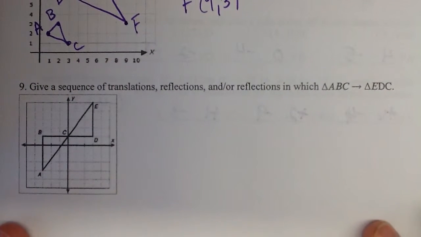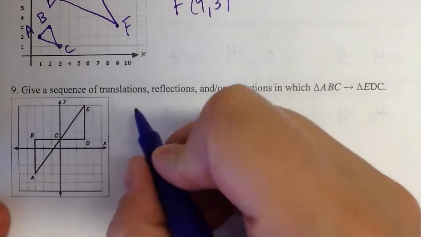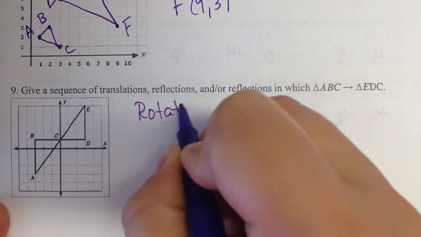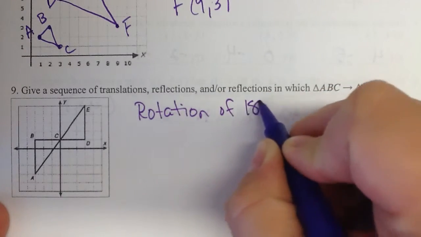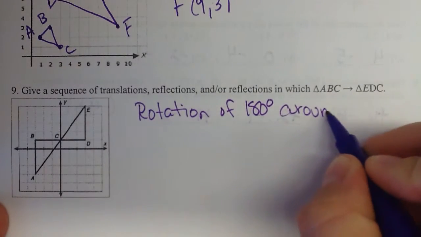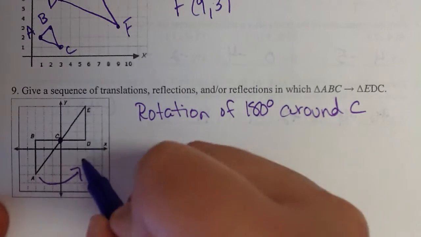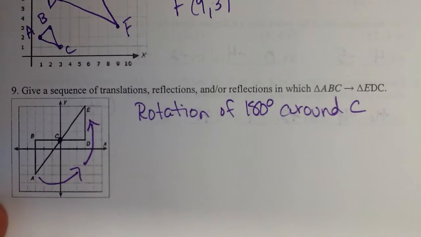Okay. Number 9, give a sequence of translations, reflections, and/or rotations to get triangle ABC to triangle EDC. You could do this one of 2 ways. The first way would be a rotation of 180 degrees around C. You rotate it around that point, 90, 180.